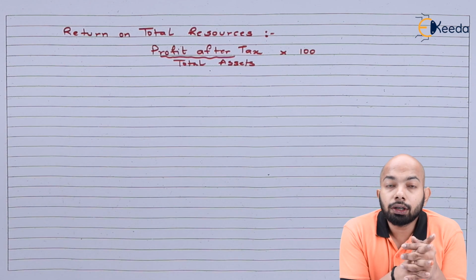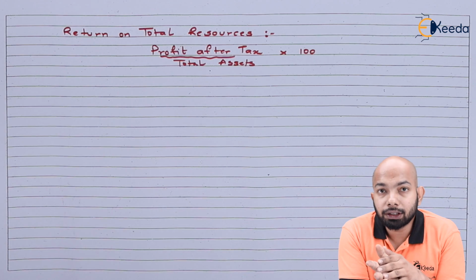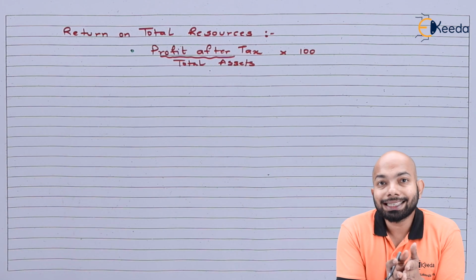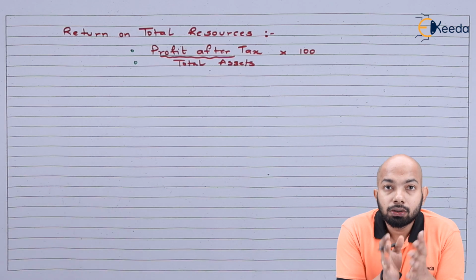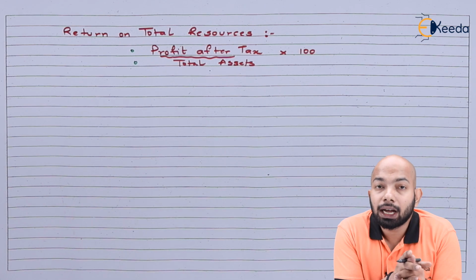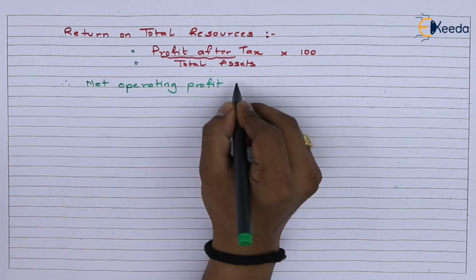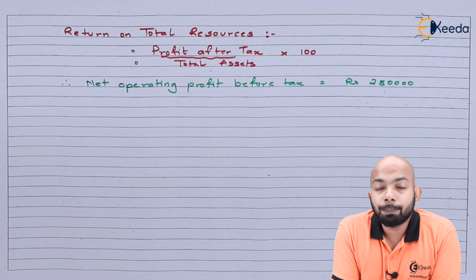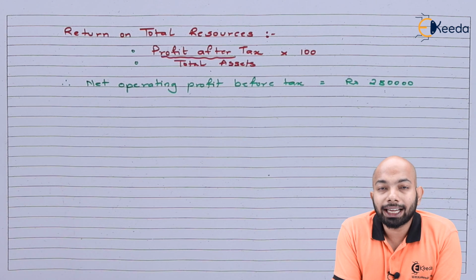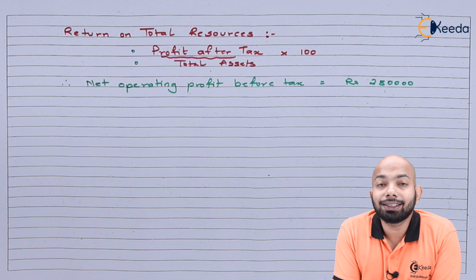So the formula for return on total resources is profit after tax upon total assets multiplied by 100. First you need to figure out the profit after tax. The net operating profit before tax was mentioned as 2,80,000, which you have dotted down here. Next you have to subtract the tax.